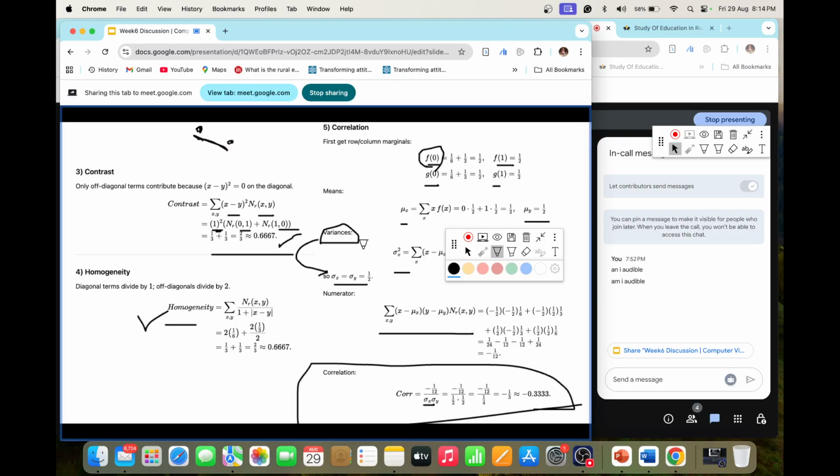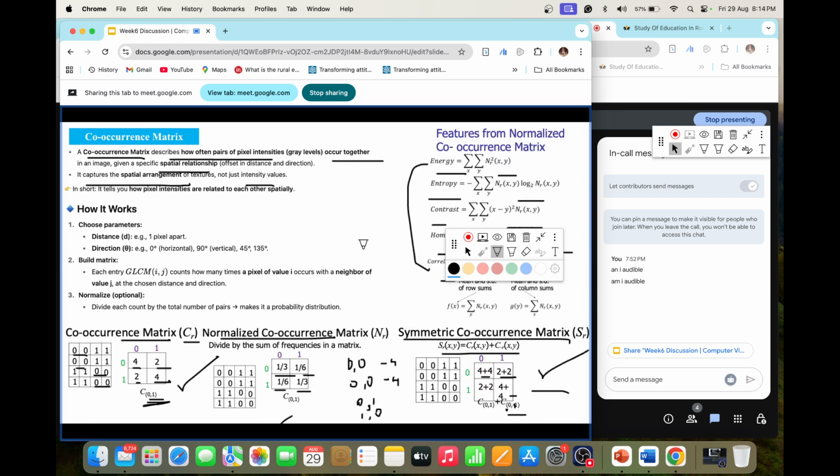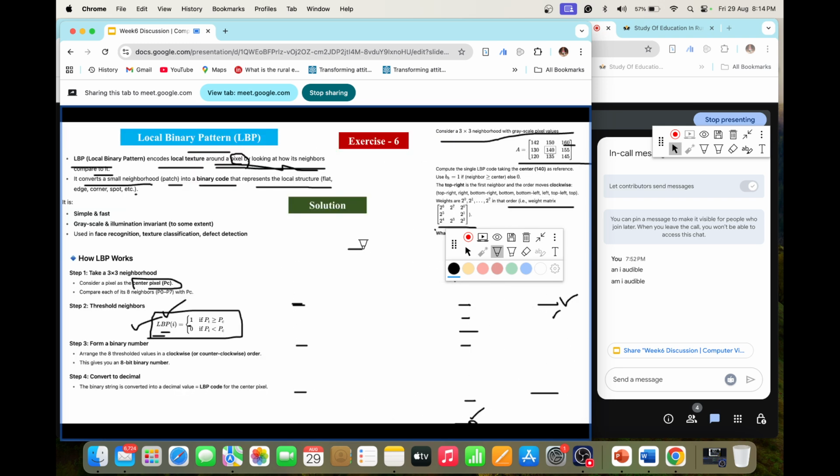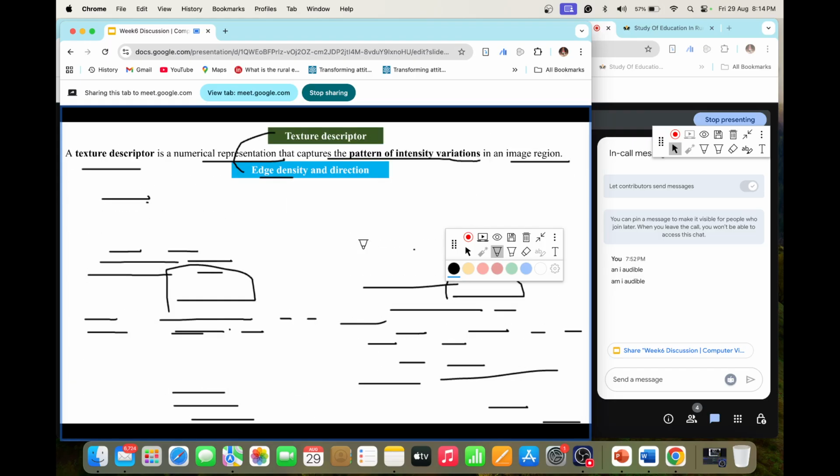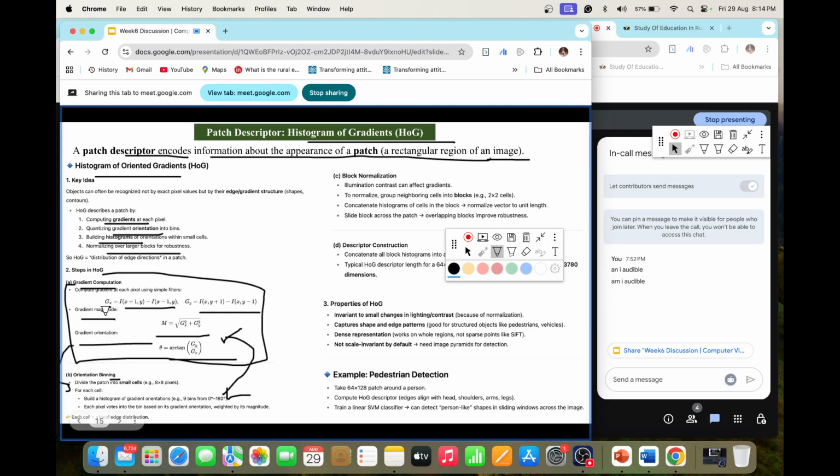So this whole thing you have to calculate. First you have to get Ix, or you can say Gx, and then Gy, and then you have to calculate the magnitude.